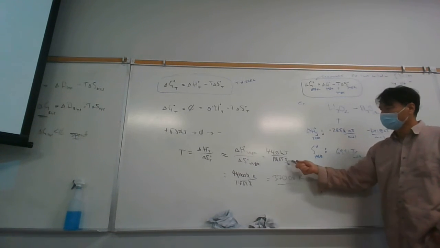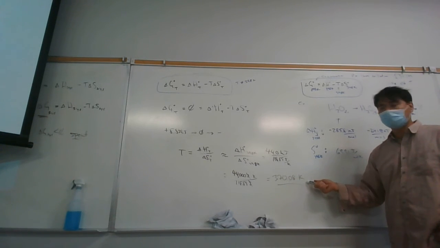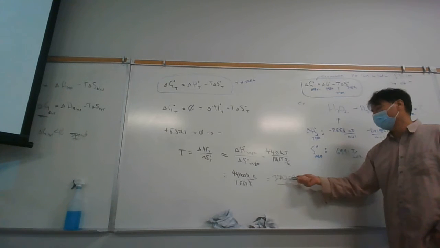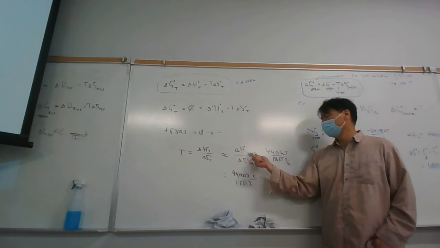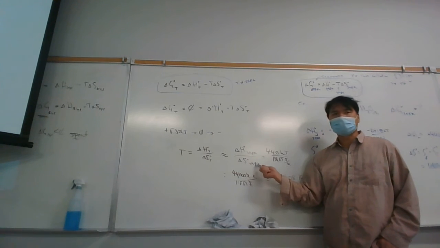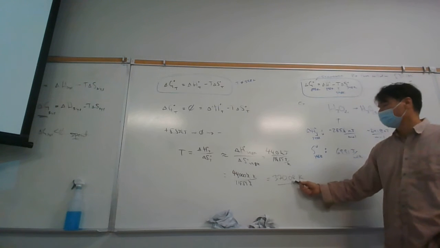And so this calculation should have come out to 373 Kelvin because that's the temperature at which it starts to boil. It came out to 370 Kelvin, but really we needed the delta H at 373 Kelvin and the delta S at 373 Kelvin, which we didn't have. So we had to use these at 298. So it's off a little bit.